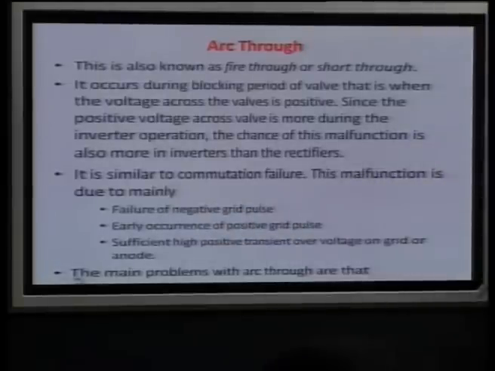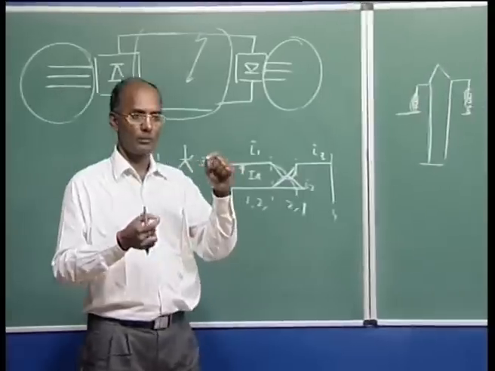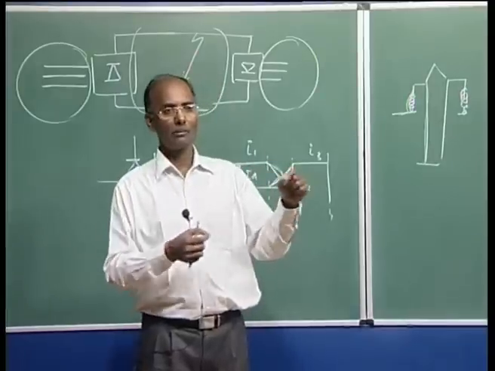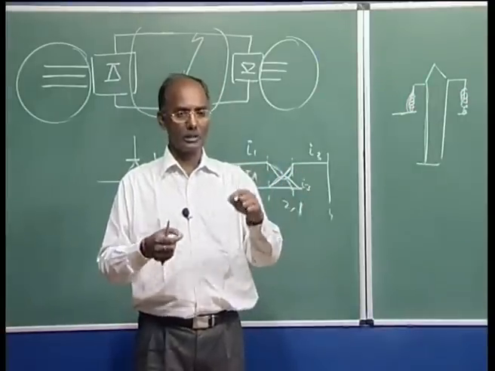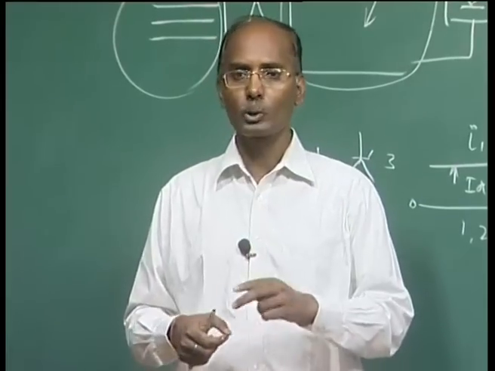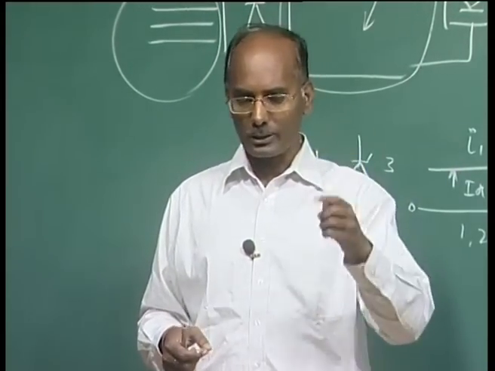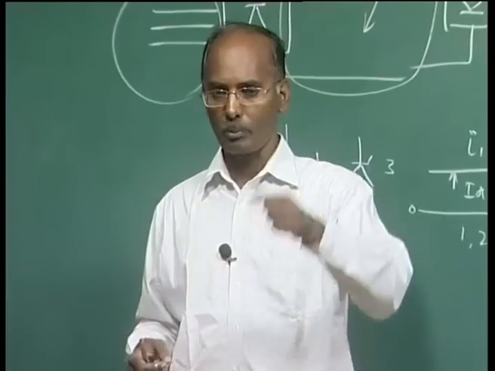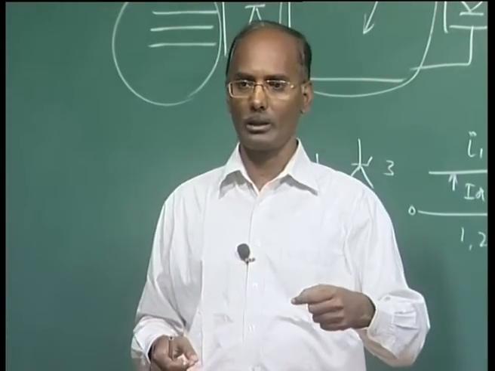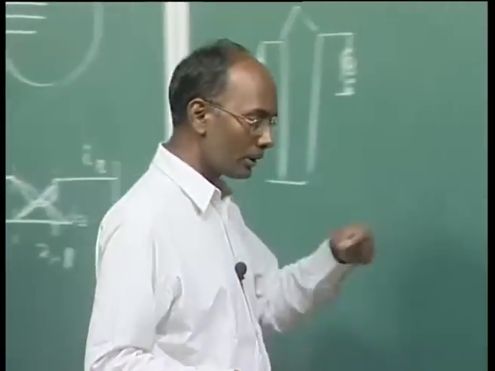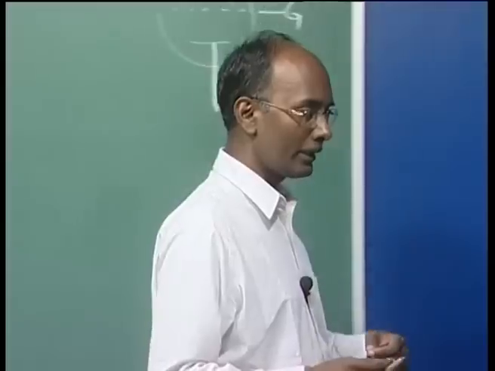What we do normally, if the voltage is very positive across the valve, we give the negative gate pulse, and always maintain it across the valve, so that it should not conduct. Why? Because there are a lot of jumps and dents, the voltage changes across the valve. So, due to this there is a possibility that it can conduct, because the voltage is positive and if any spurious signal is available, it will conduct.